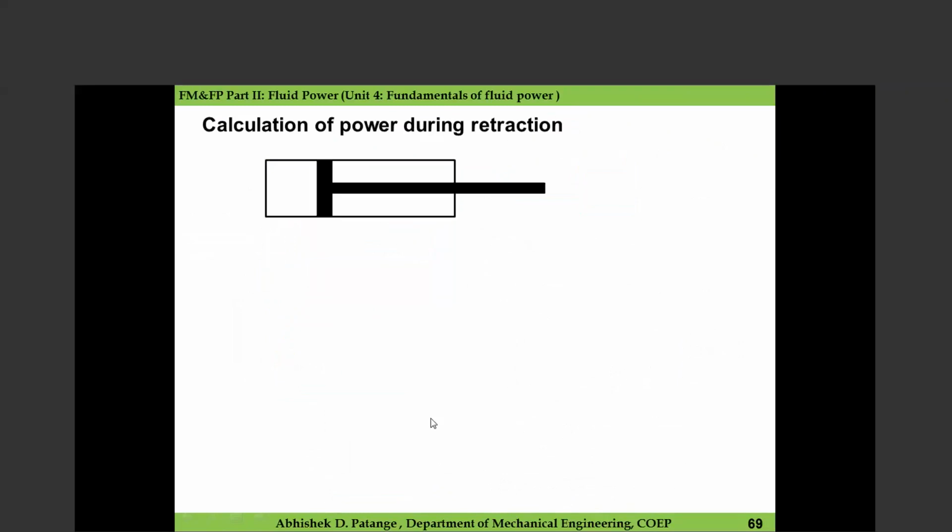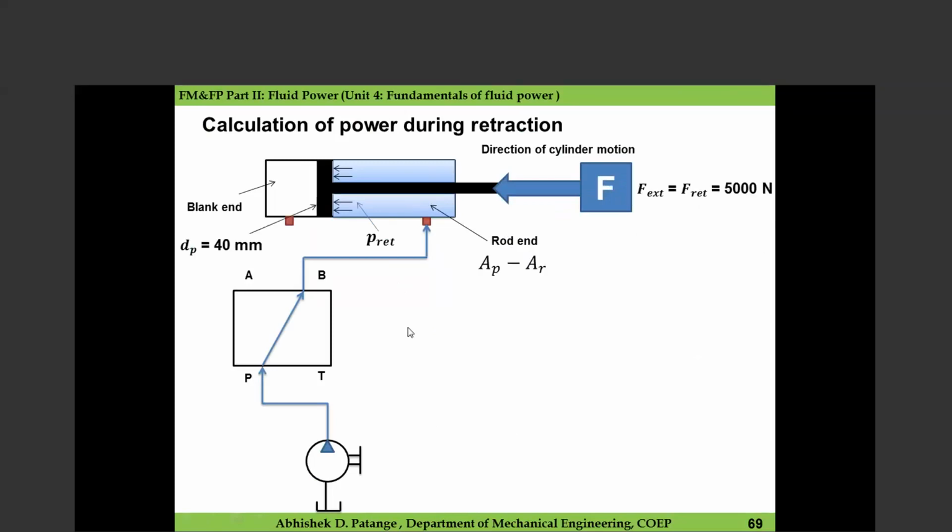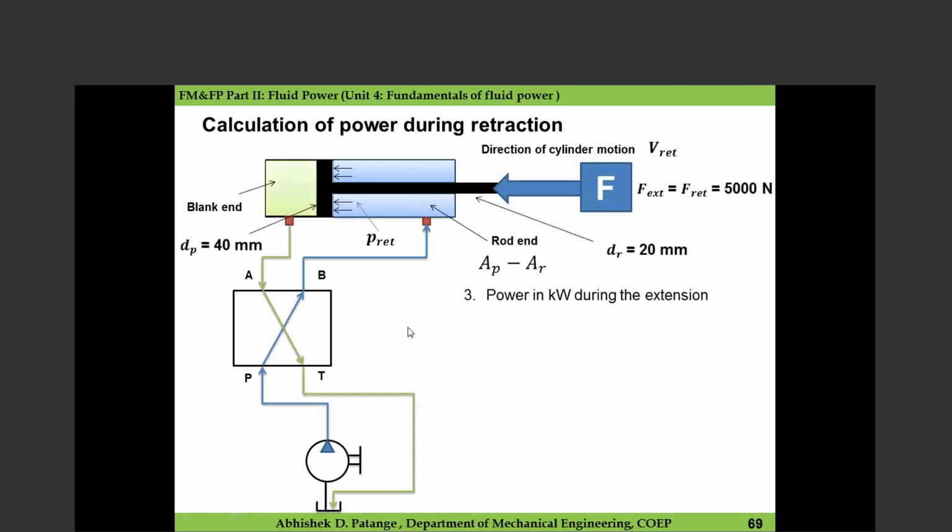Now let us try to calculate the power during retraction. We have already developed the relationship for power. So power is based on the force which is acting for the retraction stroke and the velocity with which this force is to be retracted. So let us calculate this for retraction. Again by mistake I have copied it from the previous slide, so I have written extension here, but it should be retraction.